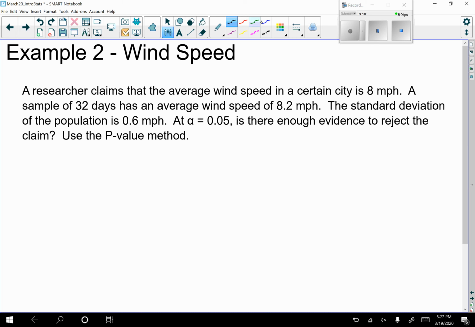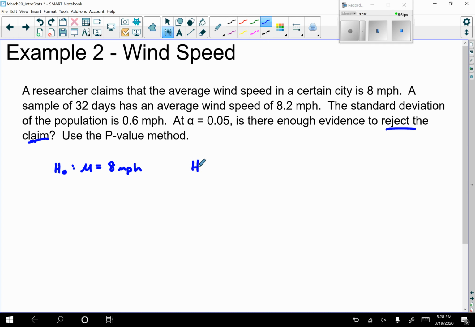So notice if it's saying reject the claim, because it's using the word reject, that means our claim should be the null hypothesis. And if we go back up here, they're saying that it is 8 miles per hour, and then our sample mean was the 8.2. So in our first step, our null hypothesis is that mu is equal to 8 miles per hour.